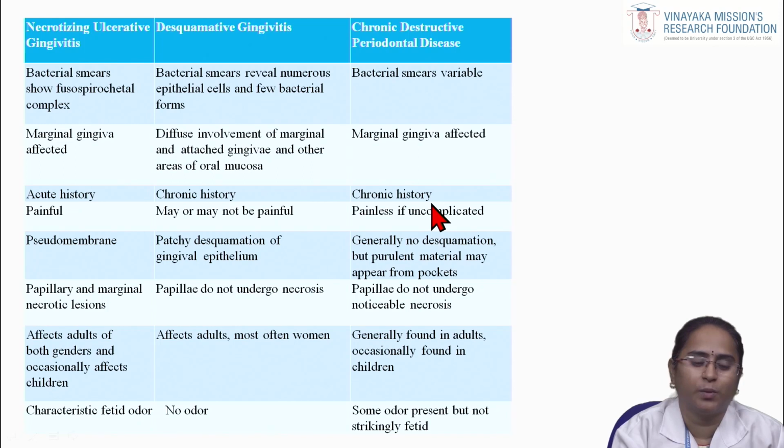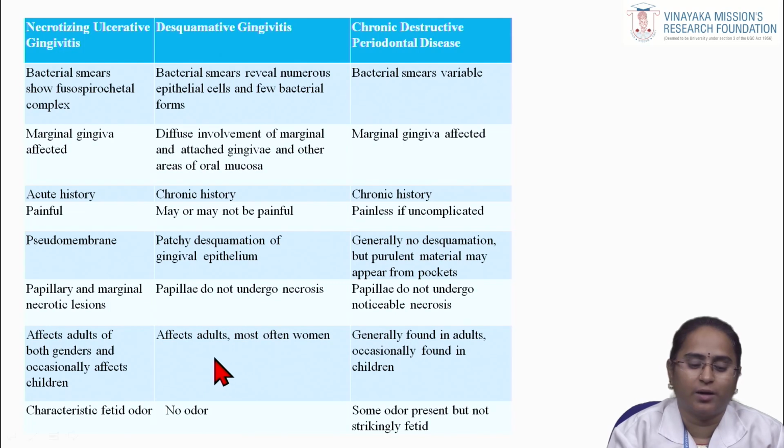In NUG a pseudomembrane will be present, whereas in desquamative gingivitis there is desquamation of the gingival epithelium, and in periodontitis there are no desquamations. In NUG, papillary and marginal necrotic lesions will be seen, that is, crater and punched-out lesions. In the other two conditions the papilla does not undergo necrosis. NUG generally affects adults of both genders.